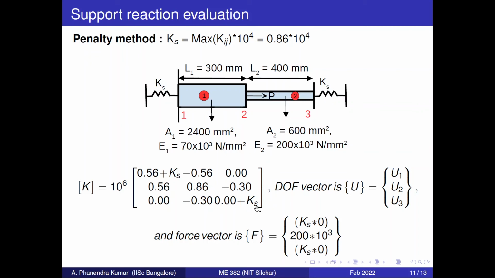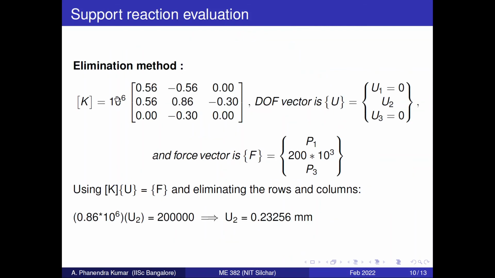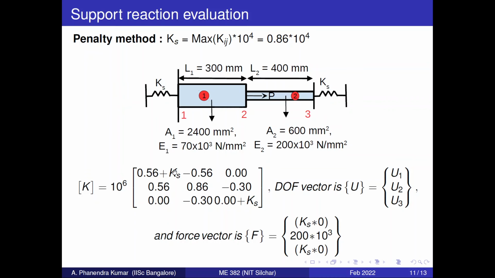So at 1 and 3 positions, we are going to add the Ks values to the original stiffness matrix. Please change this Ks term also. Ks is 10 power 10. I might forget while sharing the PPT, but you need to take care of this part. The Ks part should be into 10 power 4. That is including this 10 power 6. So that is the Ks value which we need to substitute here.